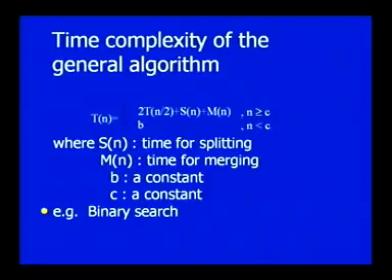Then S of n is nothing but the time for splitting. So, you need to spend some time to split the instances. And to combine the solutions to get the grand solution requires some time, that is going to be your M of n. This is the time for merging, and b and c are constants.